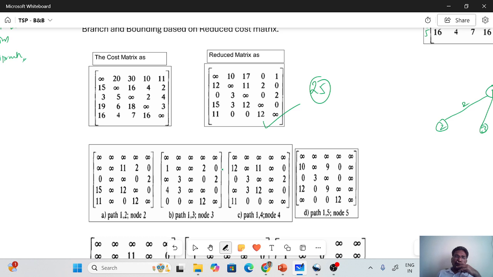So the first row and second column from this reduced cost matrix, I am not considering, in the sense, set as infinite. The rest are the same.